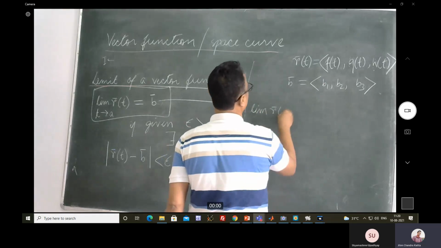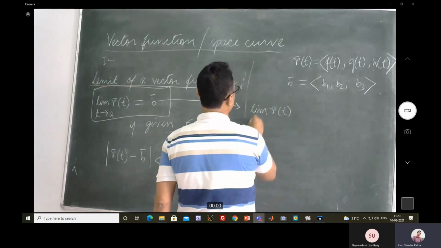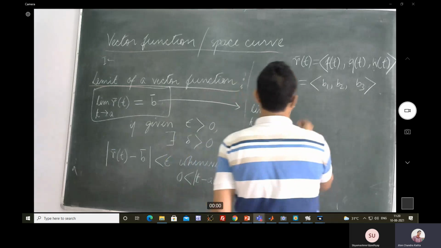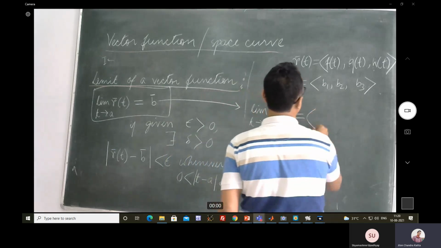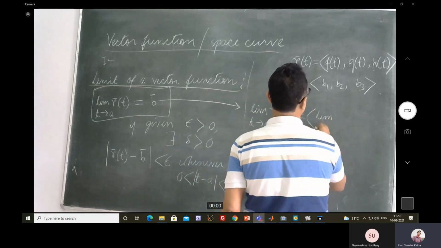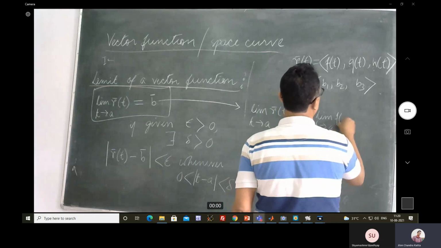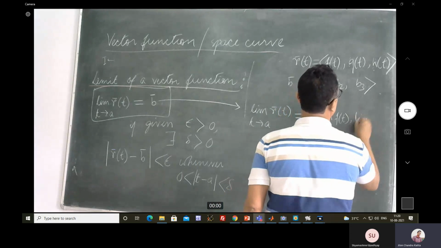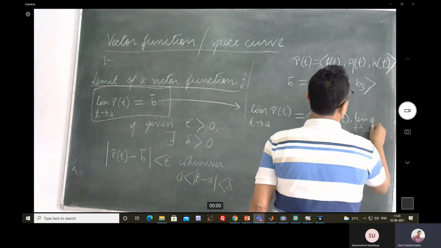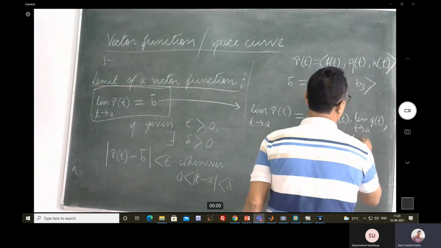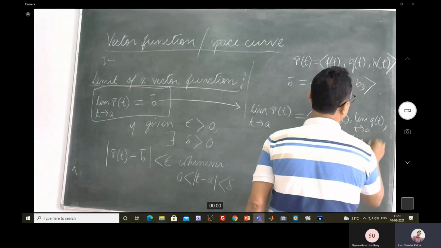Your limit as t tends to A is simply the limit as t tends to A of FT, the limit as t tends to A of GT, and the limit as t tends to A of HT.